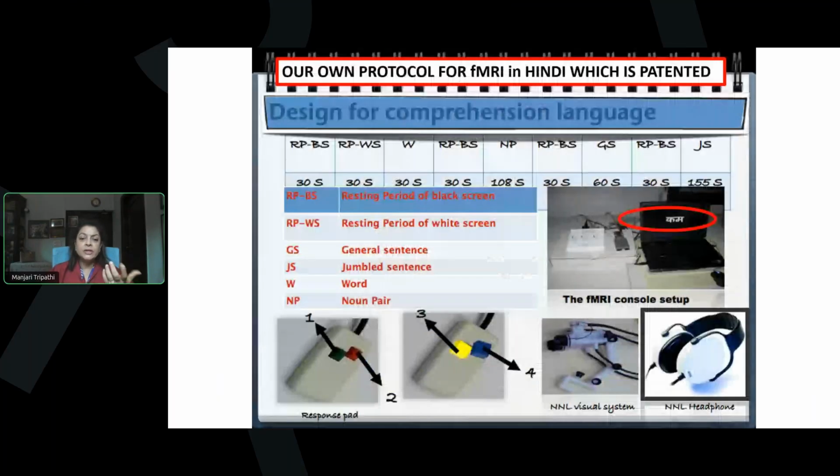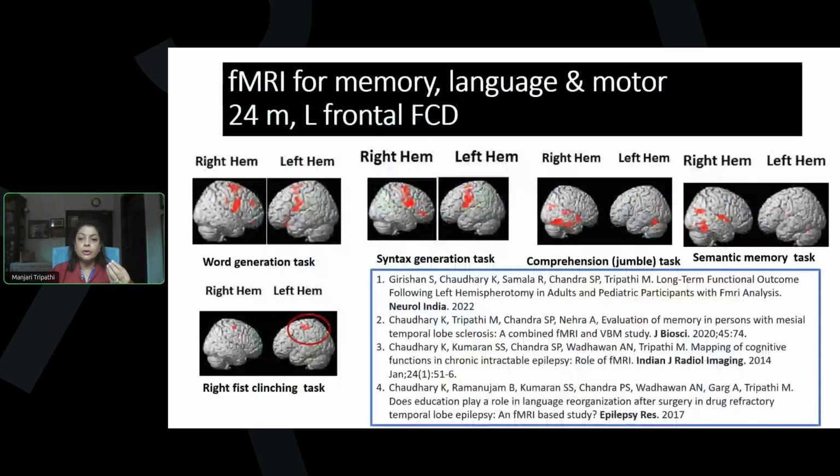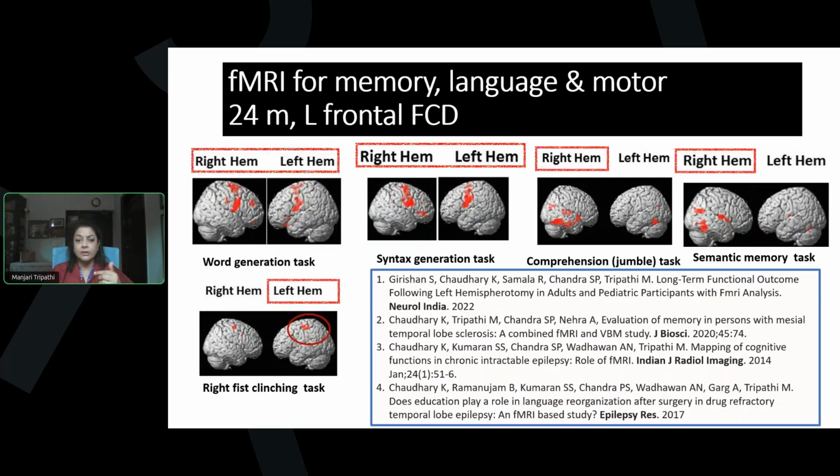We generally use the language-specific Hindi language comprehension MRI or word generation MRI to look for Broca's area, the comprehension area, and the memory tasks. So fMRI is routinely performed in our patients wherever we suspect that it's near the eloquent cortex.